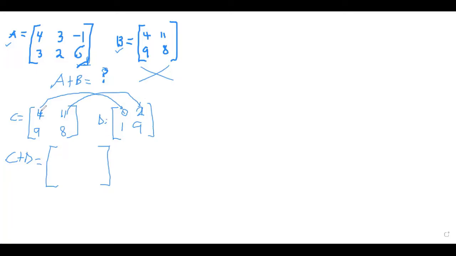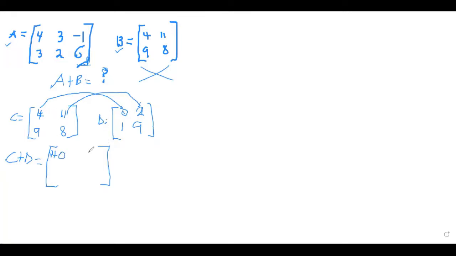This one is in the first row, first column, so you add it to the first row, first column. The number 11 is in the first row, second column, so you add it to the 2, which is in the first row, second column. So you just add 4 plus 0 here.